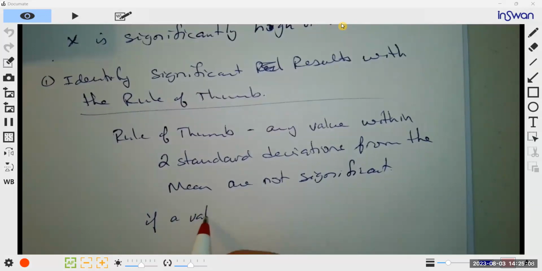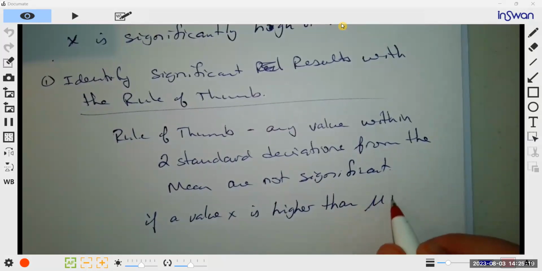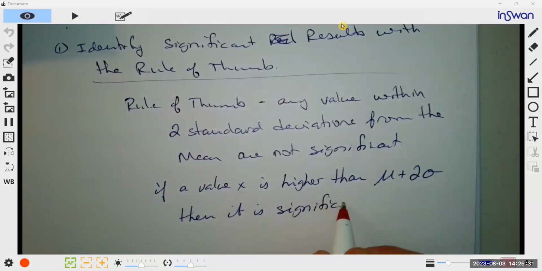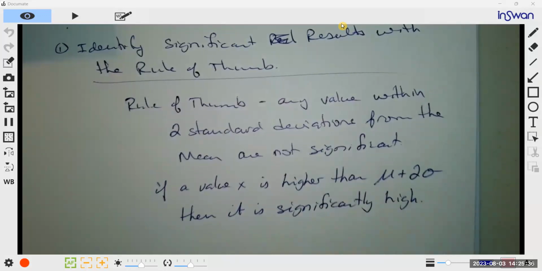If a value is higher than the mean plus 2 standard deviations, then it is significantly high.